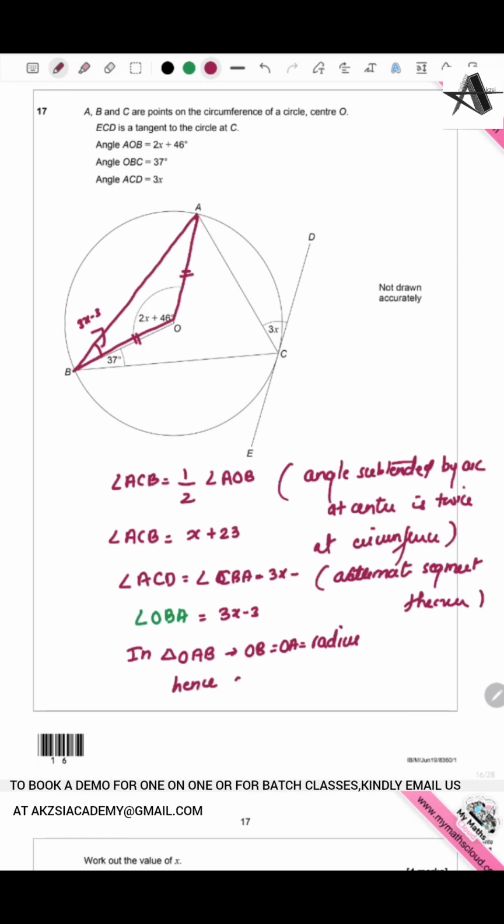Hence, OAB is an isosceles triangle, so the opposite angles will be equal. So angle OBA is equal to angle BAO. So this one is also equal to 3x minus 37.